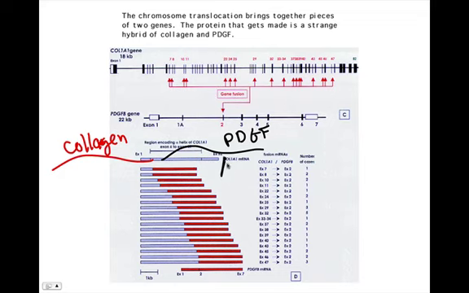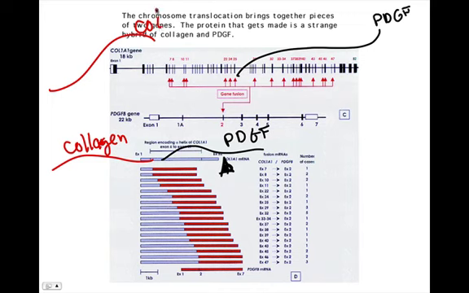The PDGF gene portion, well, let's just talk about this idea that all genes, PDGF gene, collagen gene, is an important concept. All genes are made of DNA.